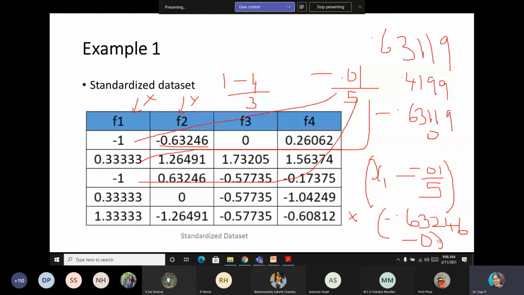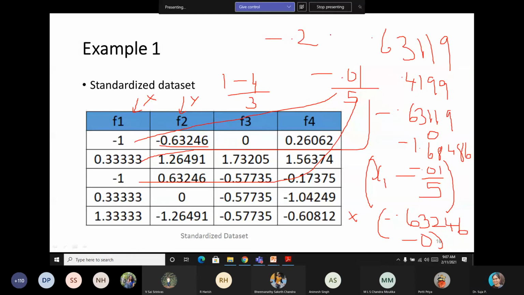And next is 0, because you have a 0 here, so this minus x bar into 0 will give 0 only. And then the last value will be minus 1.68486. Now the sum of all this you divide by 5, it will give minus 0.25.